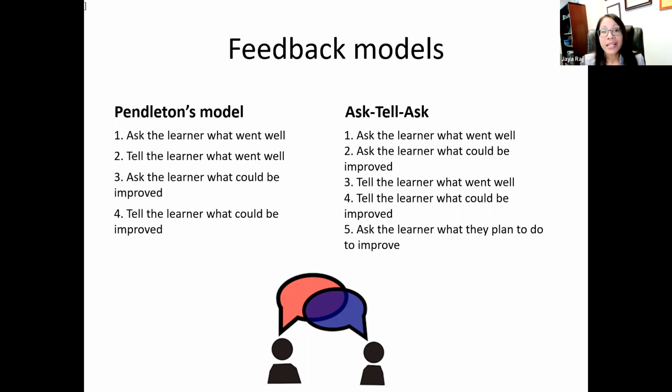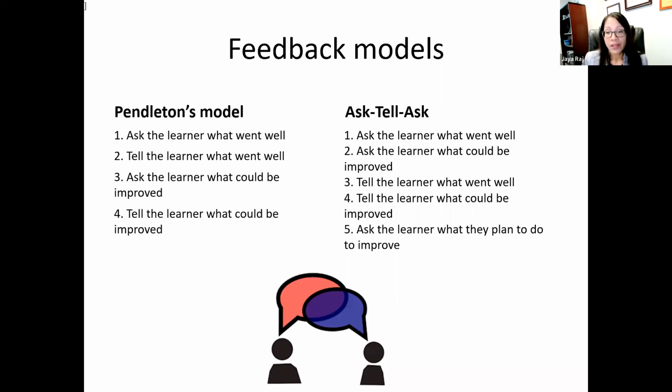I talk about things that I've observed, not things that I infer from what I've seen, or certainly not things that I've heard, but things that I've directly observed. And then finally, after I've told the learner what my observations are, I turn it back over to the learner. I put the ball back in their court and I ask them what they think about the feedback and what they plan to do to improve.